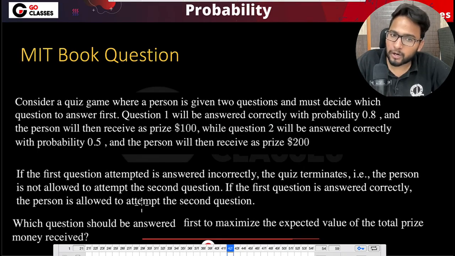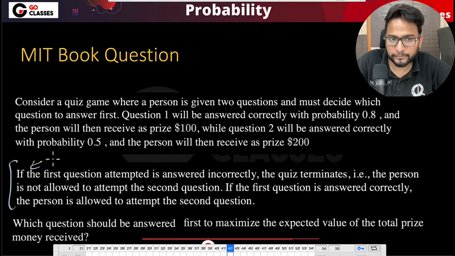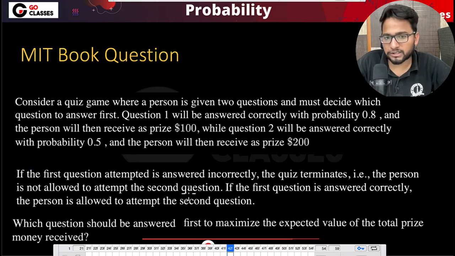That is, the person is not allowed to answer the second question. Only if the first question is answered correctly are you allowed to attempt the second question. That's the twist they have given.